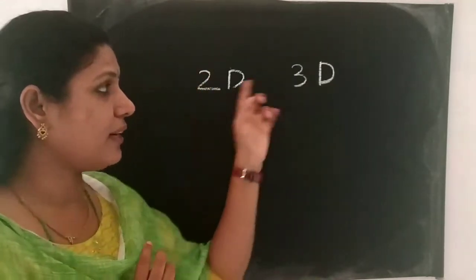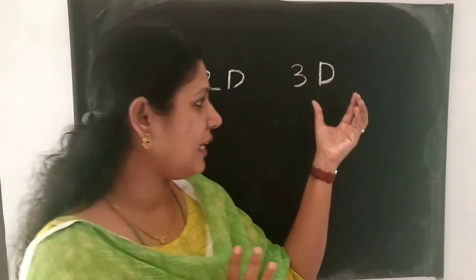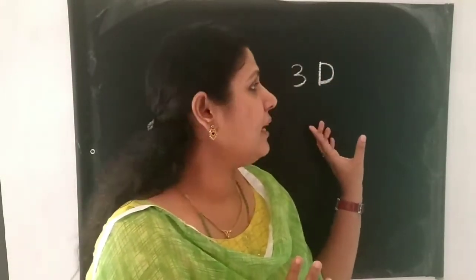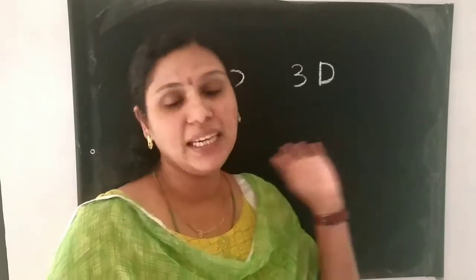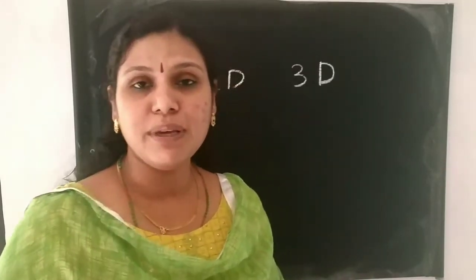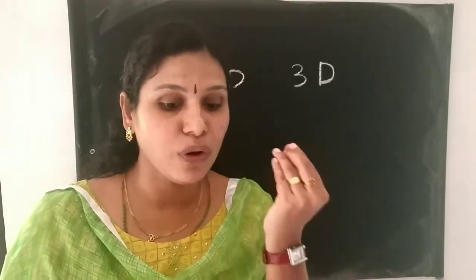But in the case of 3D shapes, if we place a 3D shape on a surface, that 3D shape will be pushed. That is the main difference between 2D shapes and 3D shapes. This is because 2D shapes have length and breadth, but 3D shapes have a height or width.